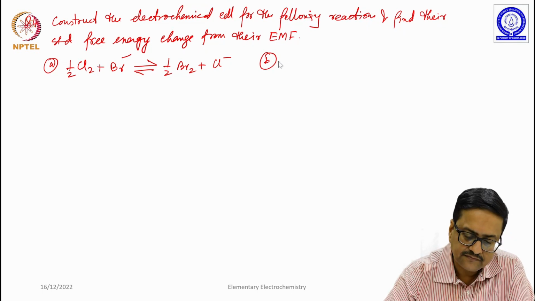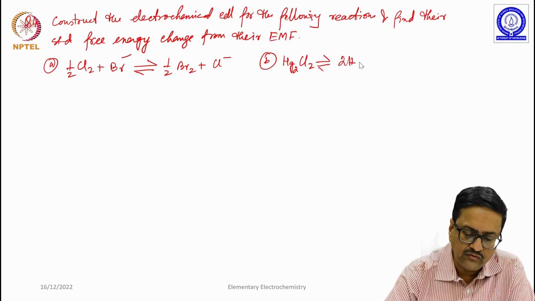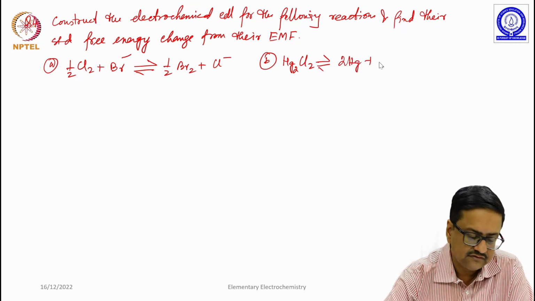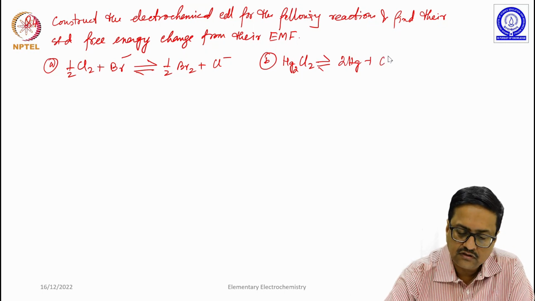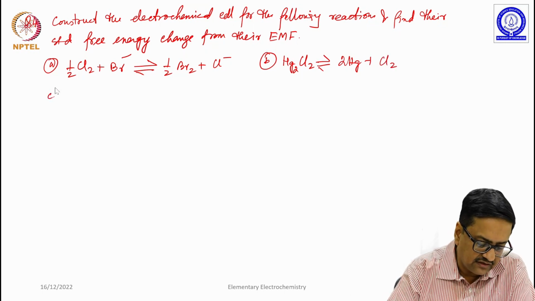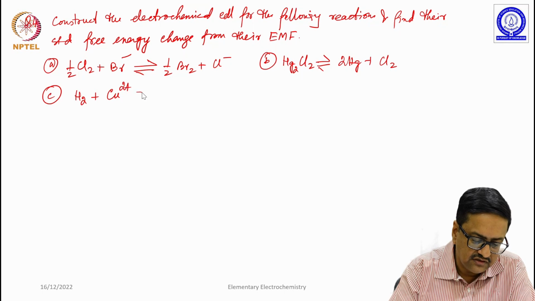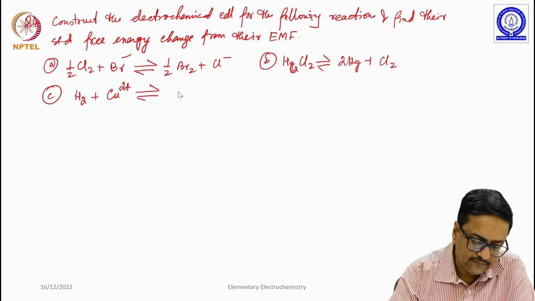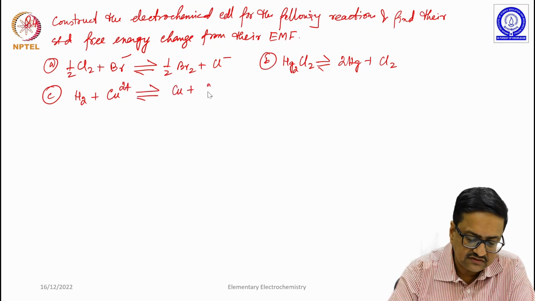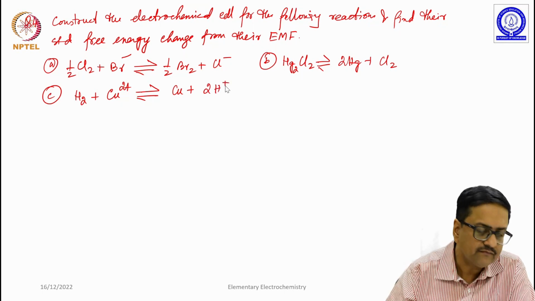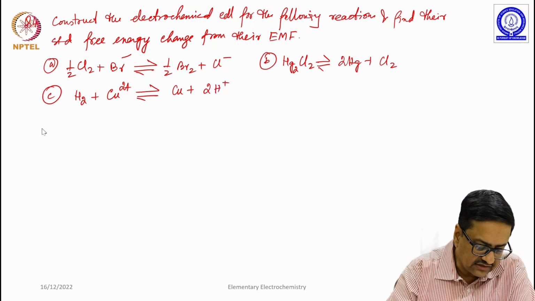B is Hg2Cl2 is in equilibrium with 2Hg plus Cl2, and C is H2 plus Cu2 plus in equilibrium with Cu plus 2H plus aqueous, right. So let us try to solve A.